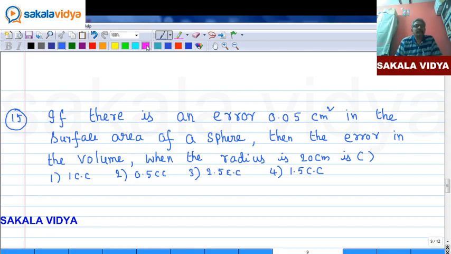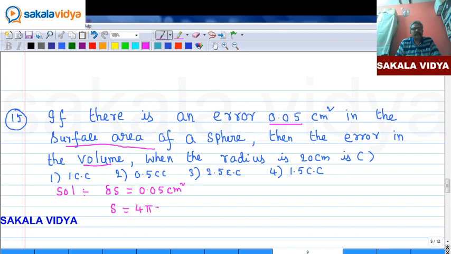So now error in the surface area of the sphere is 0.05 centimeter square. Then the error in the volume you need to find out. So the solution means error in the surface area delta S is equal to 0.05 centimeter square. What is the surface area of a sphere? S is equal to 4 pi r square. You differentiate it.